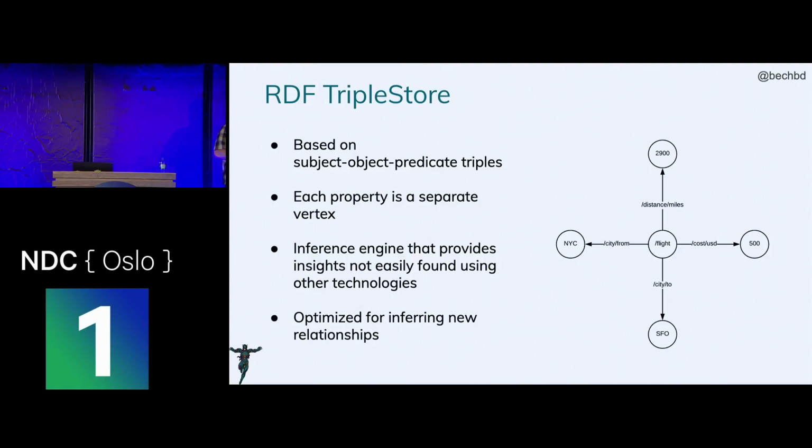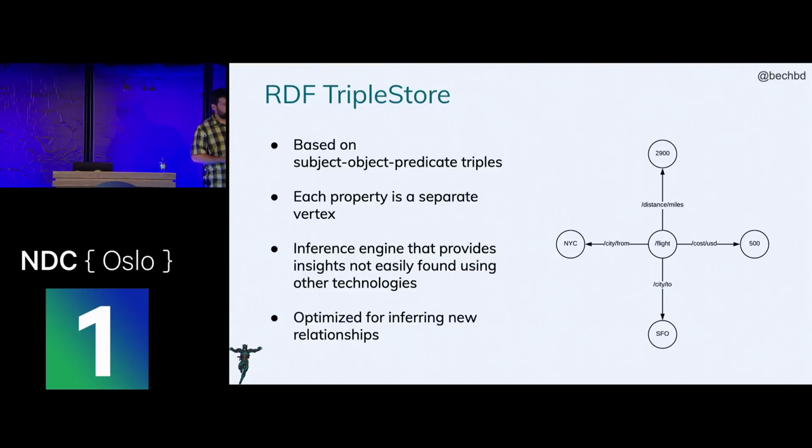A couple of unique characteristics of RDF triple stores that I always look for: each property is stored as a specific vertex in your graph. So if in a relational world you had a table with 1 row of data and 4 columns, you would end up with 5 vertices in your graph with 4 edges connecting them, as the example shows here. We have a flight, and there's a cost associated with it, a to, a from, and the amount of money.